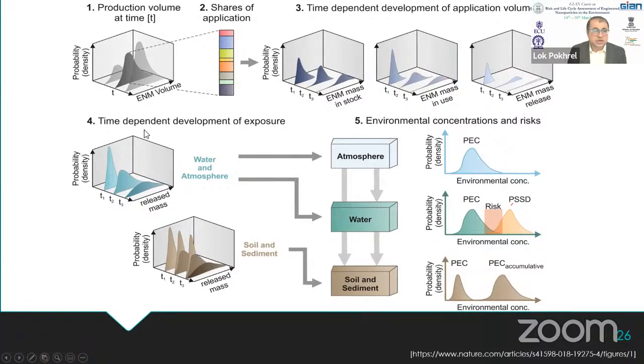So as I mentioned earlier, there is time-dependent development of exposure. So with exposure comes toxicity. So you can be exposed through water, you can be exposed through air, atmosphere, you can be exposed through soil and sediment. So depending on the human activities or behavior, you can be exposed through these different media or sources. And then on the lower right, we have environmental concentration and risks.